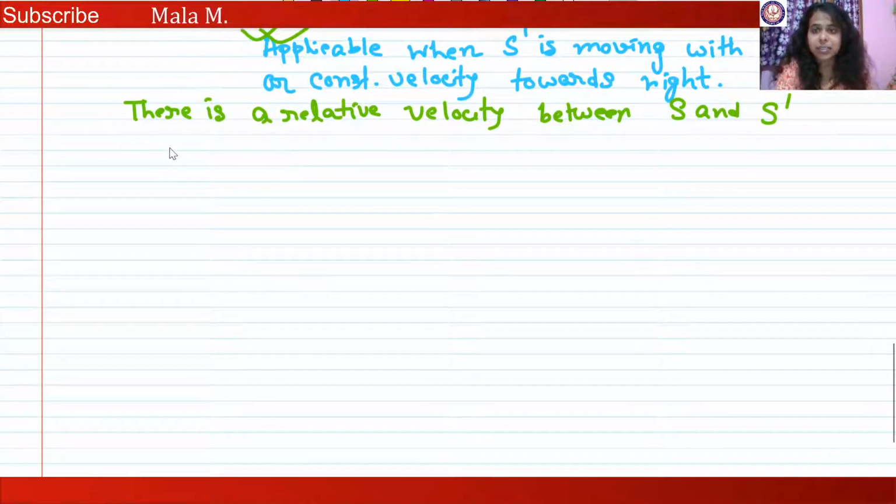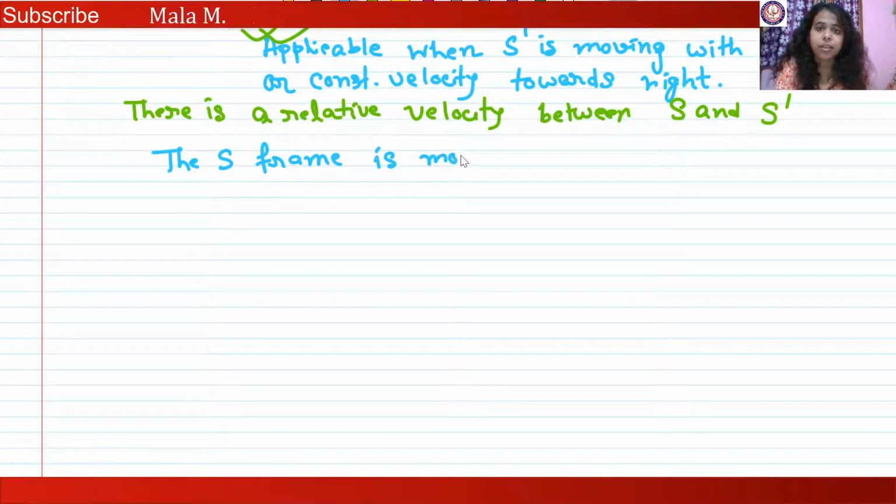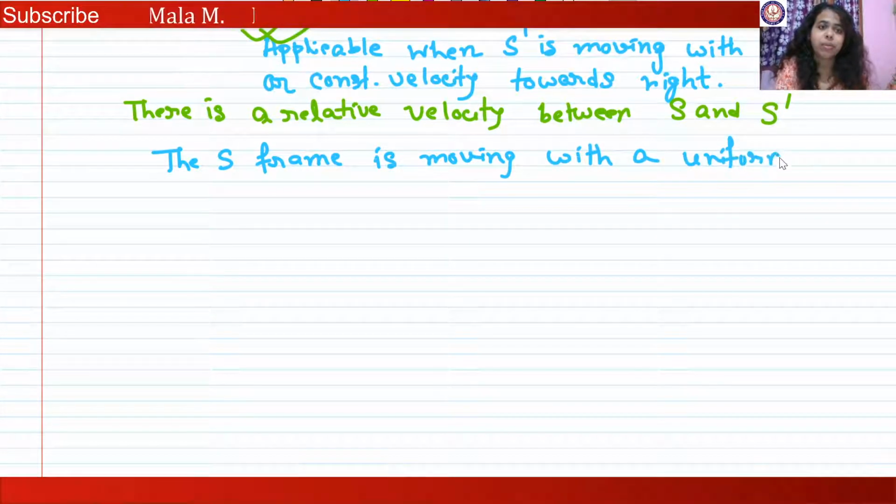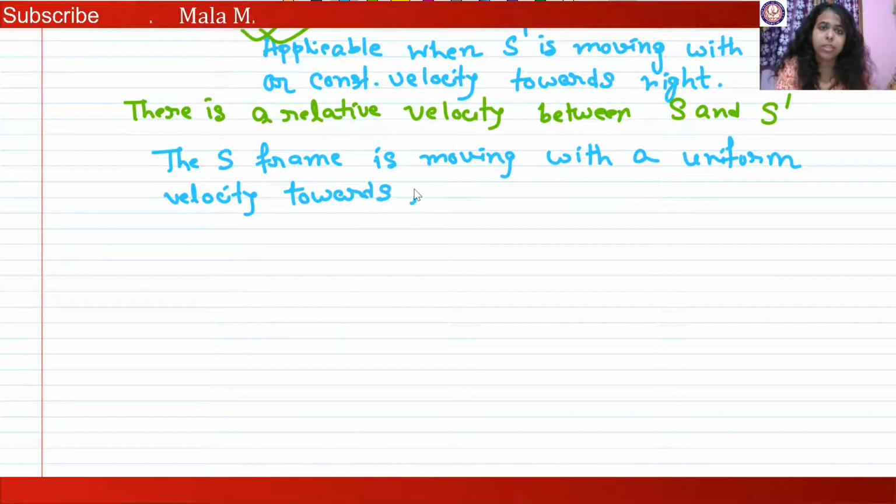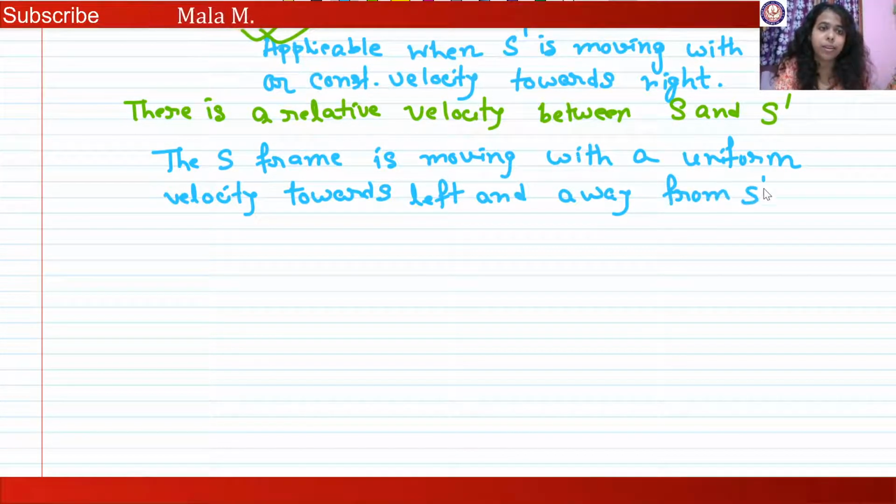We can say that the S frame is moving with a uniform velocity towards the left and away from S prime.